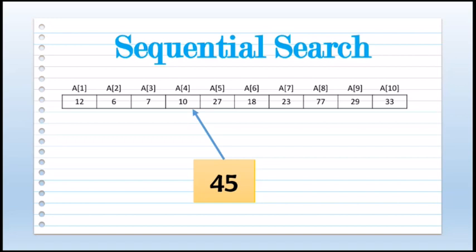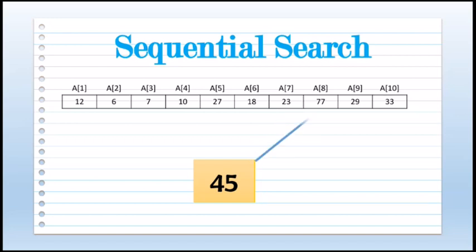The next element is 27. Is 27 equal to 45? Again, the condition is false. The next element is 18. Is 18 equal to 45? No. The next element is 23. Is 23 equal to 45? No, again the condition is false.